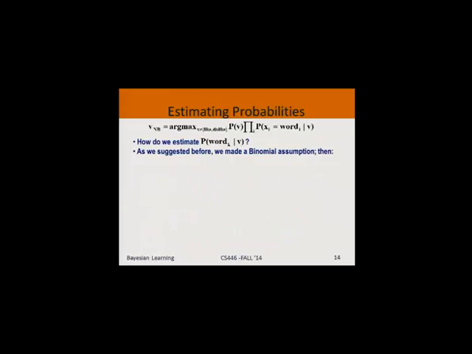So, of course, when we estimate parameters, we want to correct for that. The simple way that we suggested before is under the binomial assumption, all we do is this, right? The probability of something given V is the number of times this something happens divided by the number of things that happen, which is this.